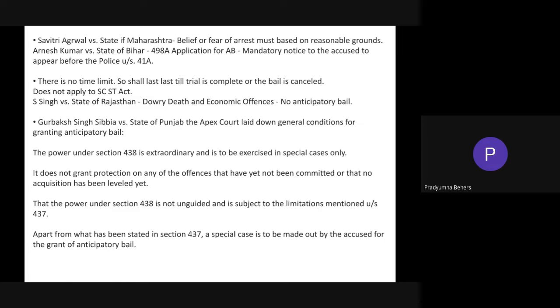Also, it has been held that apart from what has been stated in 437, a special case is to be made out by the accused for the grant of anticipatory bail. So the accused has to satisfy in each case how he is entitled to an anticipatory bail, and each case is to be decided on its own merit.